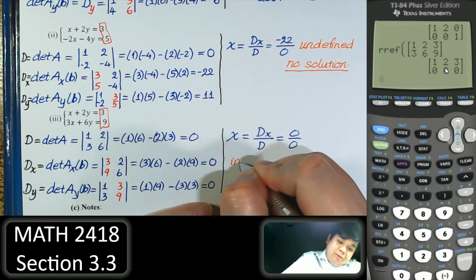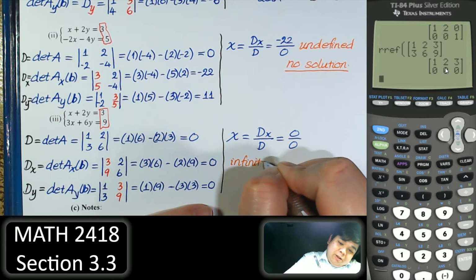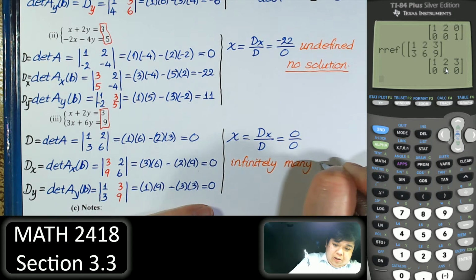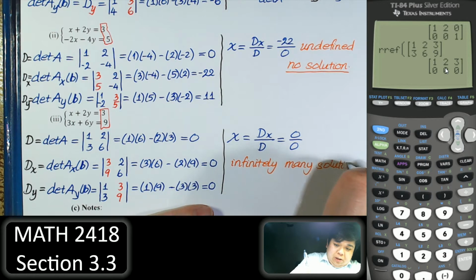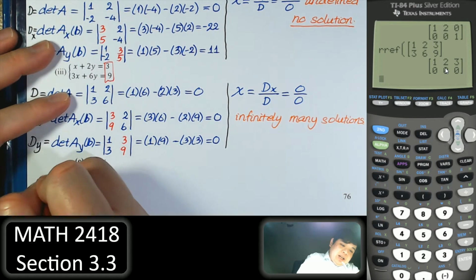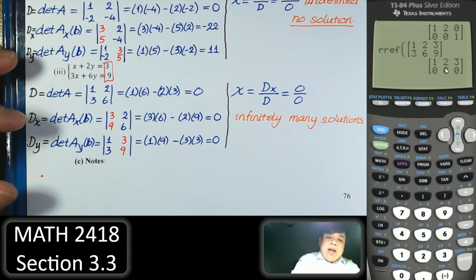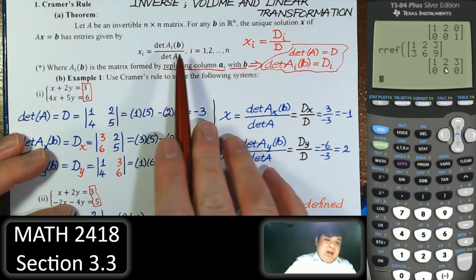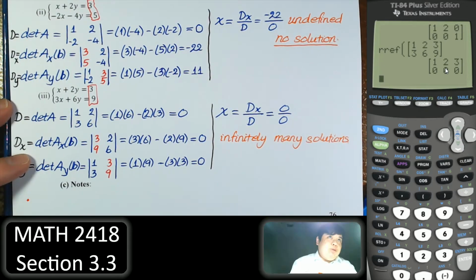So that's why I want to write this little note here. First, of course, Cramer's rule, when there's a unique solution, it's easy. Now, what happens when we don't have a unique solution?